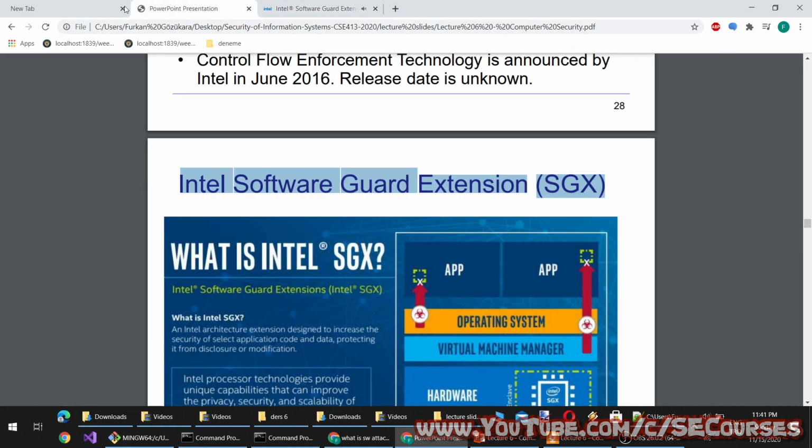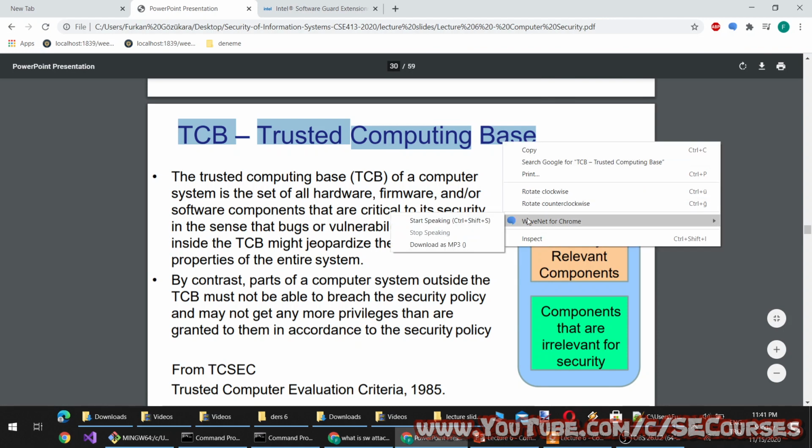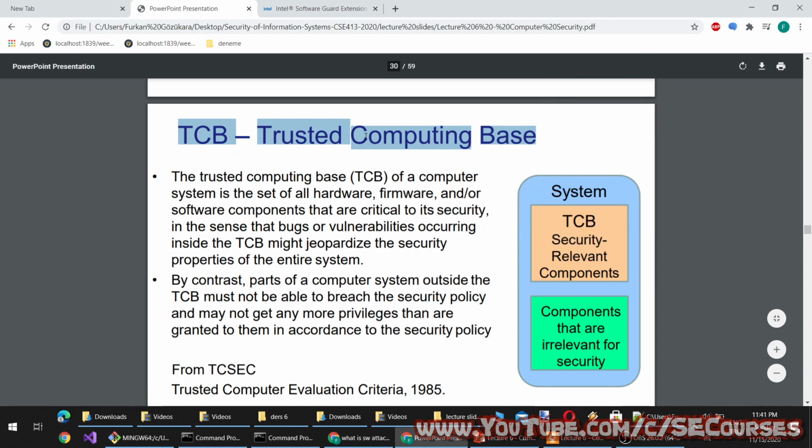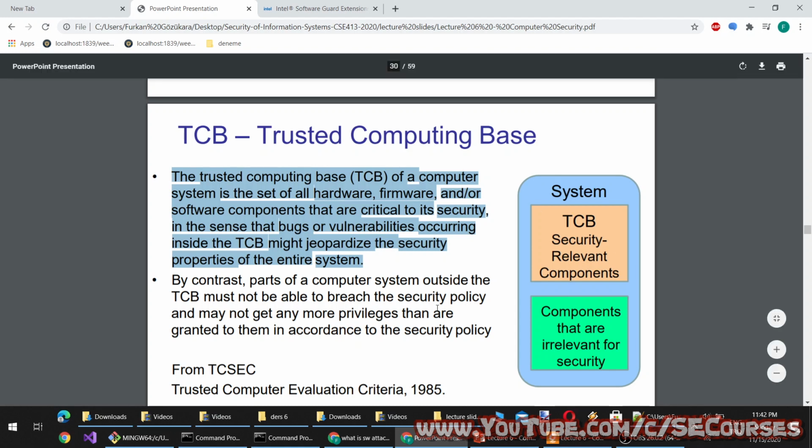Okay. So let's continue. TCB, Trusted Computing Base. The trusted computing base (TCB) of a computer system is the set of all hardware, firmware, and/or software components that are critical to its security, in the sense that bugs or vulnerabilities occurring inside the TCB might jeopardize the security properties of the entire system.